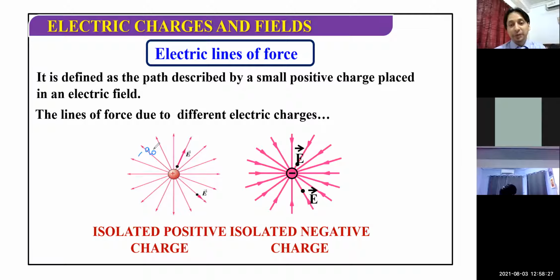We have seen in the previous slide, children, that if we place a positive charge, it will move in the direction of the electric field. But now, if the positive charge is replaced by a negative charge, it will move inwards.